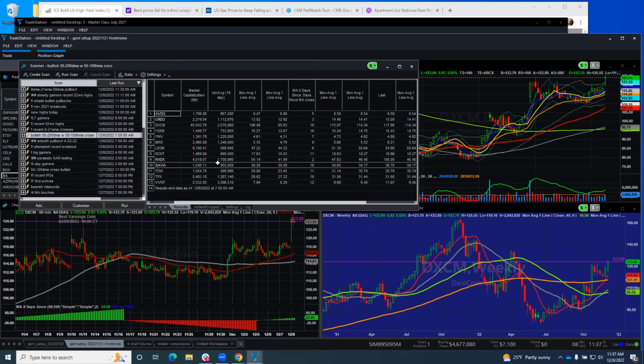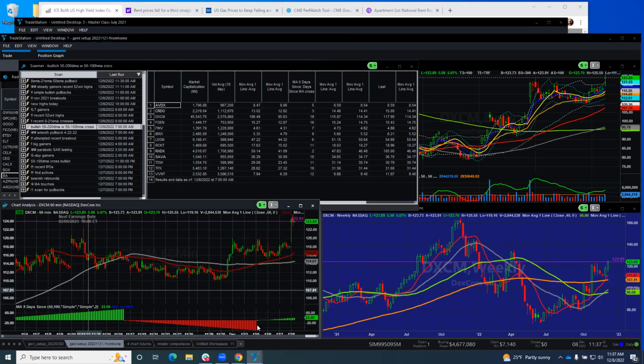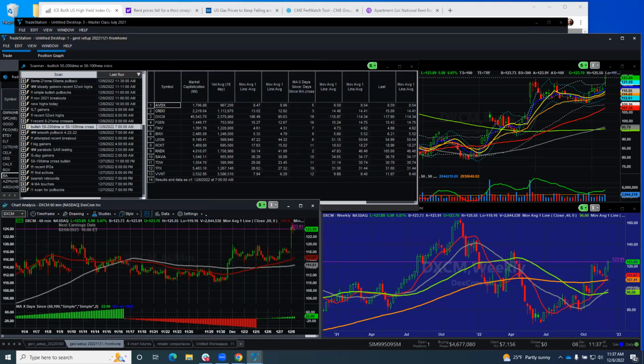All right. So one of the tools I gave you, one of these workspaces, was MAX days since. Basically what this does is, this will show us, once that red line goes under, it's going to start counting. And then when it crosses, it's going to start counting up, and then when it's under, it counts down.